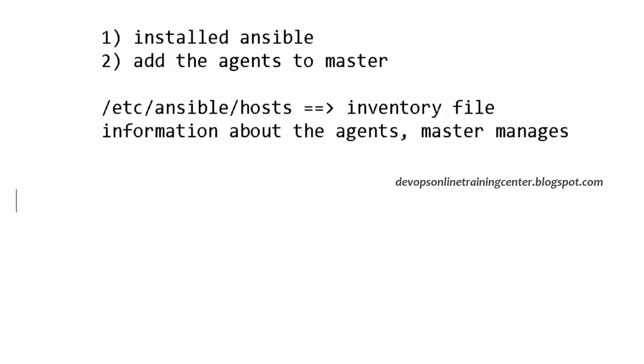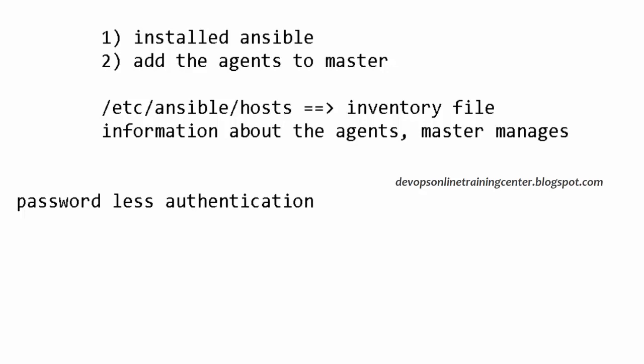Once we add the agent to this, if we execute some command, Ansible tries to execute that command on the agent. But before that, we need to set up passwordless authentication. What is passwordless authentication? Let us say you have the Ansible master and agents, and the master needs to execute commands on the agents.